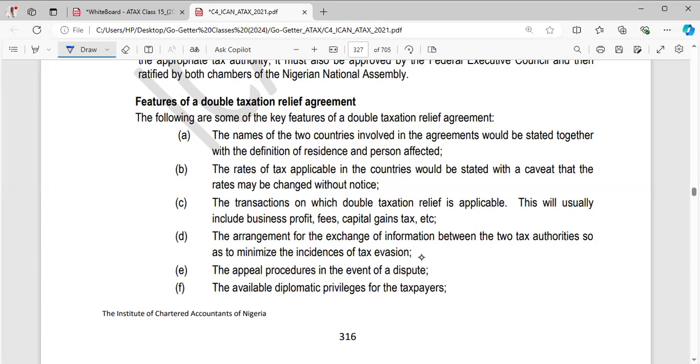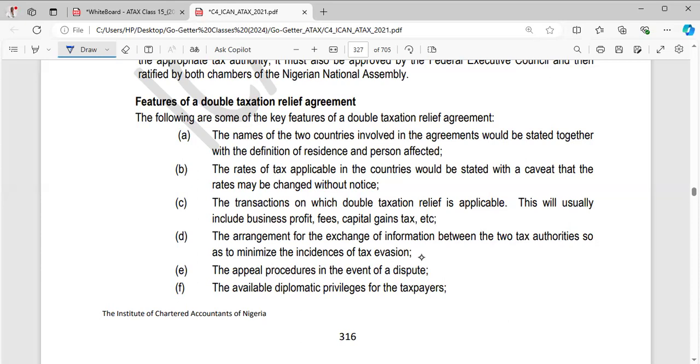The rates of tax applicable in the countries will be stated, with a caveat that changes may be made without notice, or the rate may change without notice. So that caveat should be included, such that if Nigeria now increases their tax rate, it will not be that you are hinging on it that when we signed the agreement Nigerian tax rate was 30%, now Nigeria has increased it to 40%.